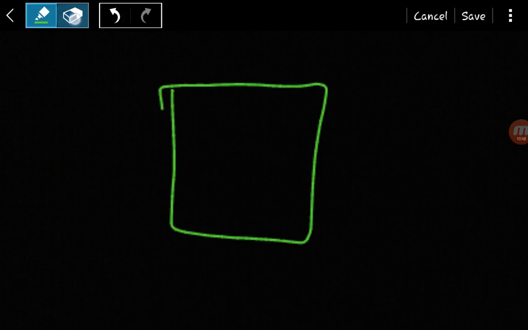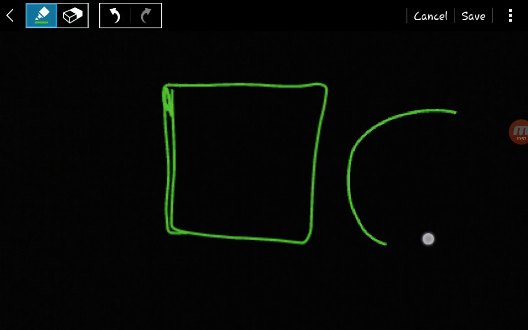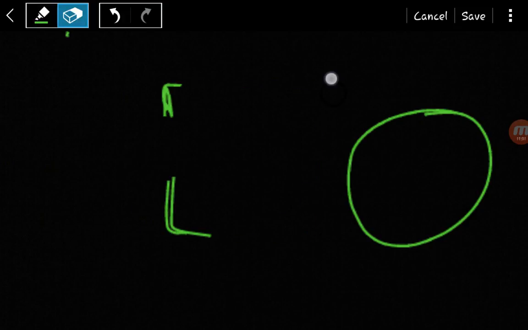Alright, are you back? Well, a square is a polygon because it has 4 sides. But a circle, sorry, this was a very bad square. Let's pretend that's a square. But a circle is not because it's a rounded figure.